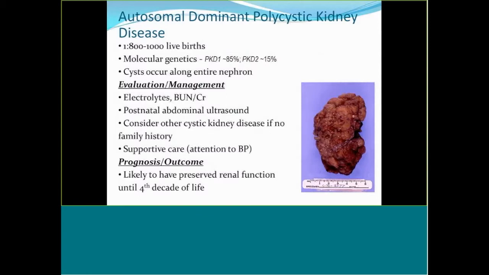And then autosomal dominant polycystic kidney disease, more common than autosomal recessive. There are two genes that seem to cause this abnormality. One is a mutation in the PKD1 gene, which makes the protein polycystin 1, and that accounts for about 85% of people with autosomal dominant polycystic kidney disease.